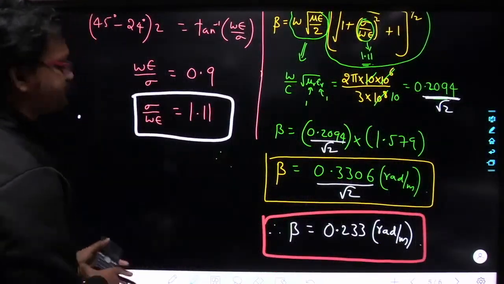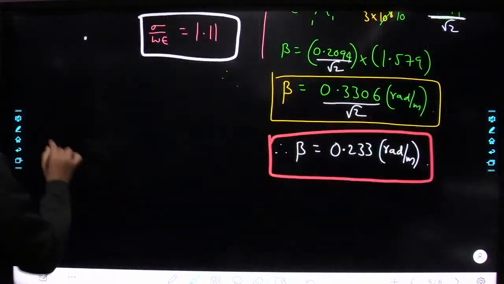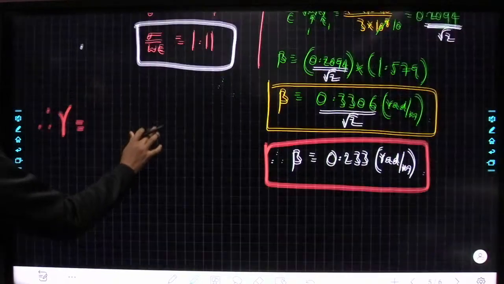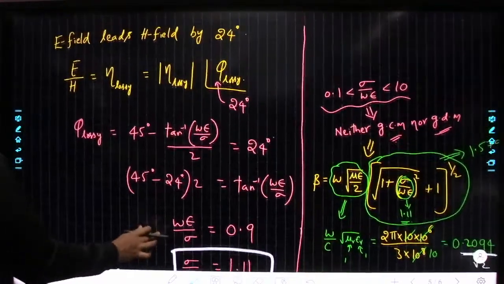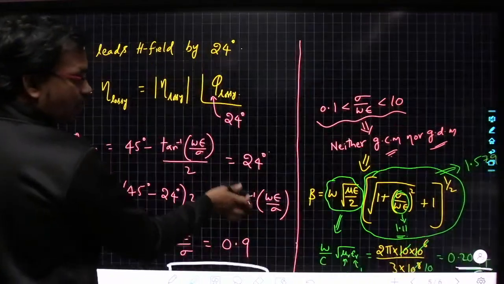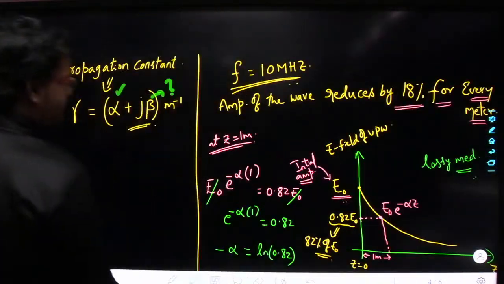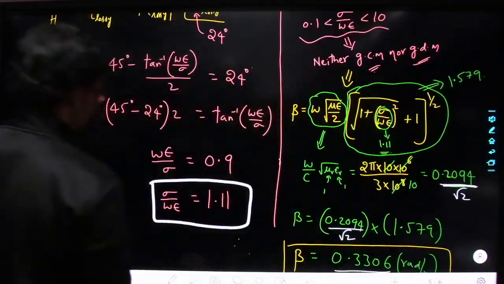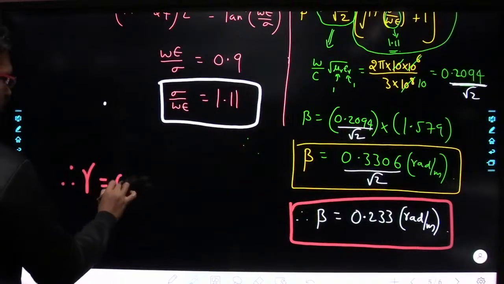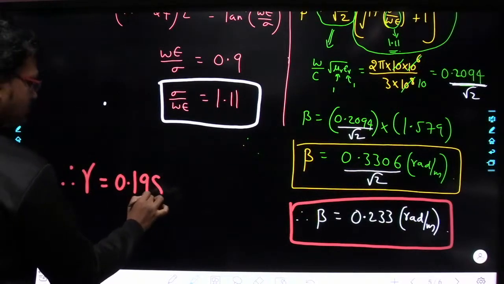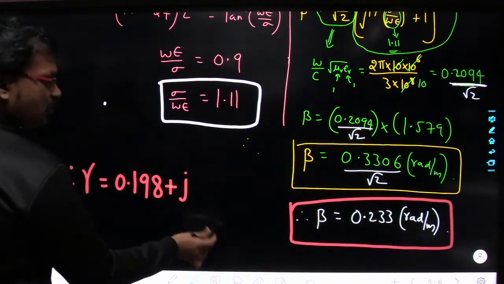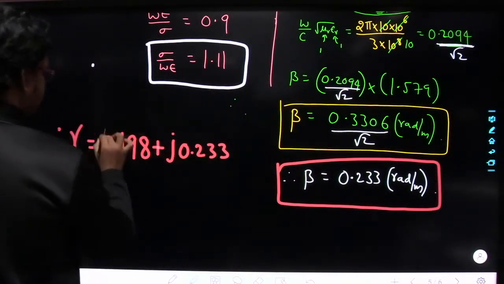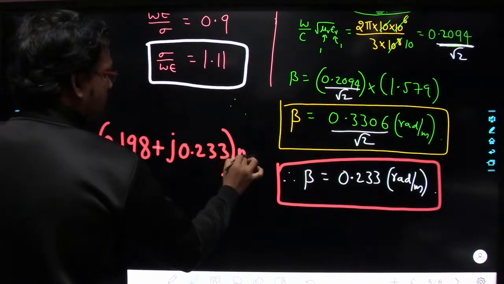Therefore, the propagation constant gamma is equal to alpha plus j beta. We have already determined the alpha value, which is 0.198, and beta is 0.233, in meter inverse.